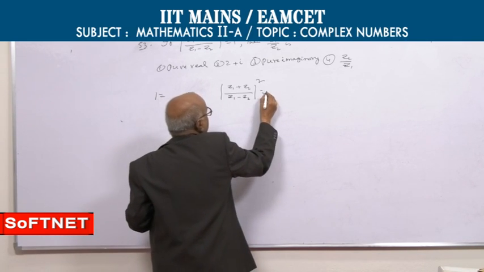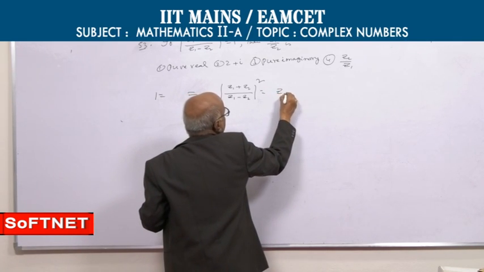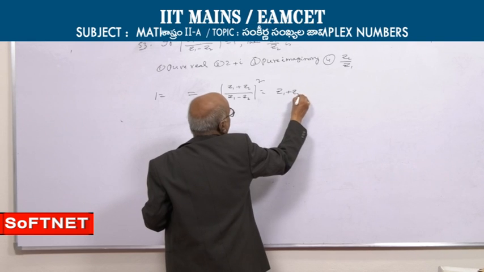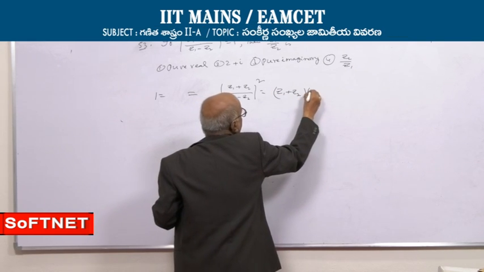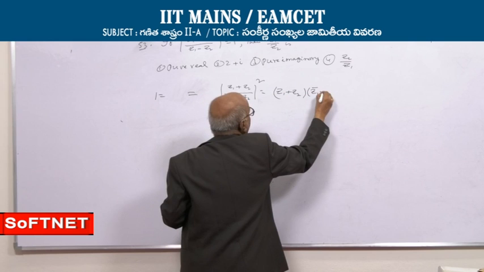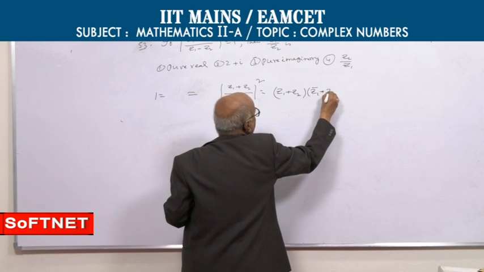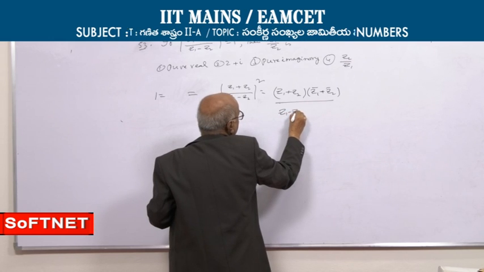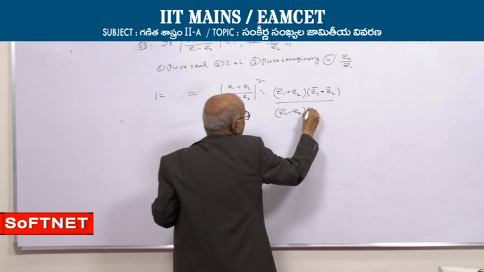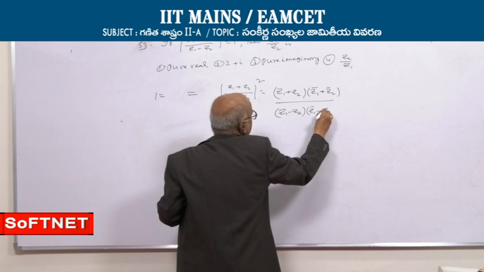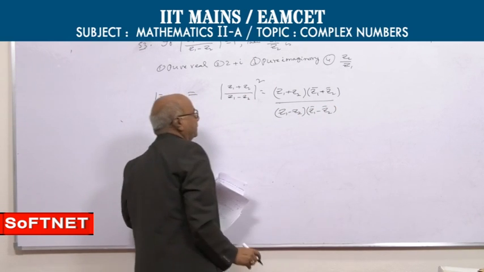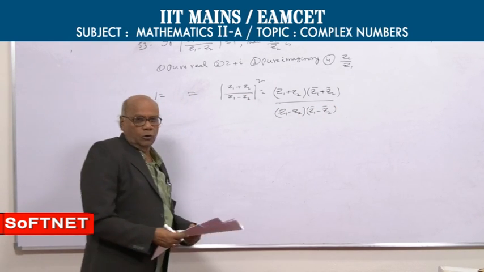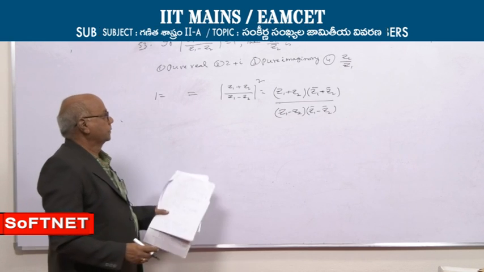So this implies |Z1 + Z2|/|Z1 - Z2| = 1, that is, (Z1 + Z2)(Z1 bar + Z2 bar) by (Z1 - Z2)(Z1 bar - Z2 bar), where bar means conjugate, because mod Z whole square is equal to Z into Z bar.